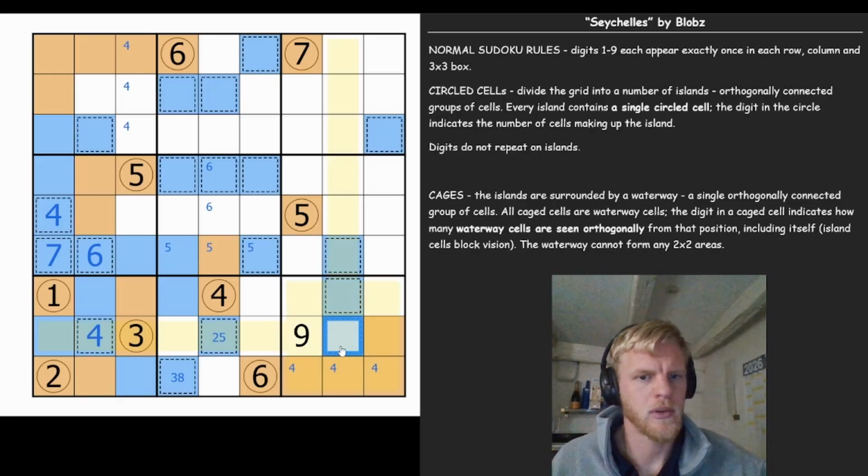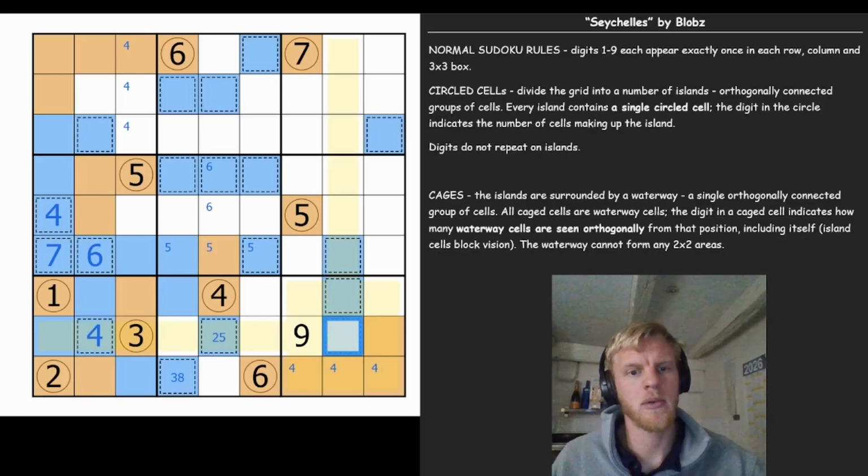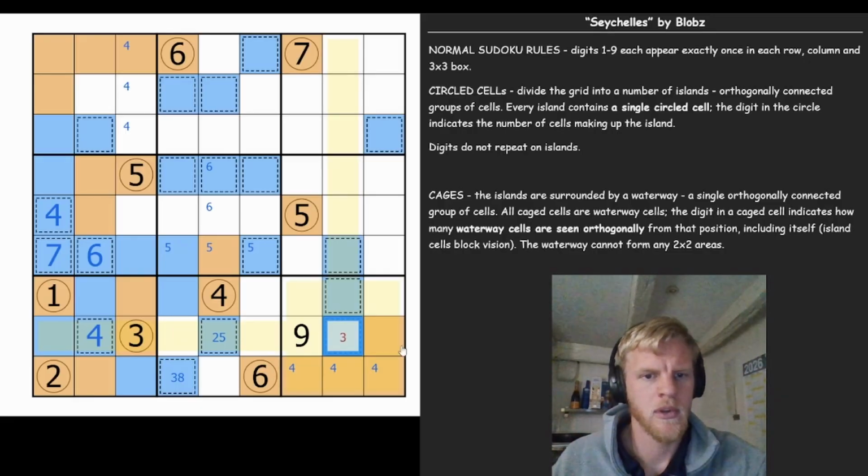Let me check if we can do any pencil marking in here. It's minimum 3. Can't be 4, so minimum 5. If it goes like this, for example, but the maximum is 1, 2, 3, 4, 5, 6, 7, 8, 6, 7, 8.